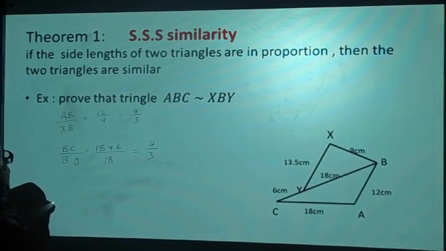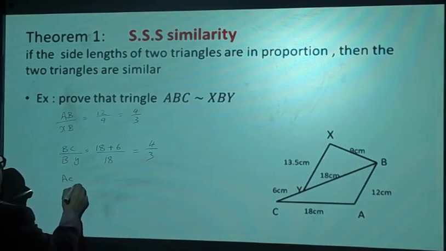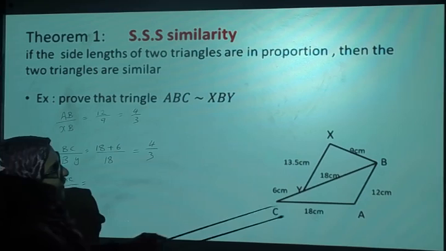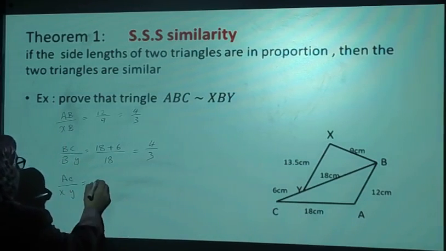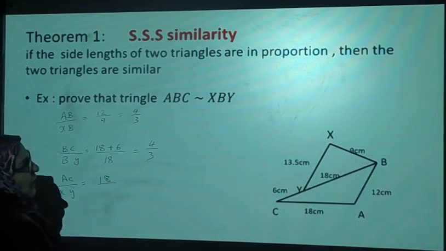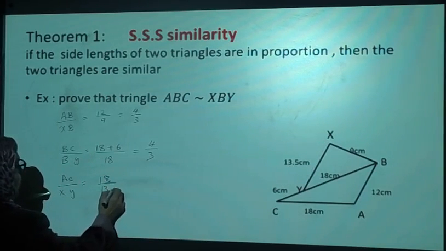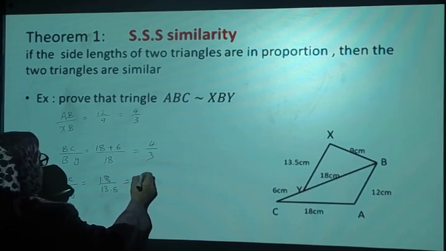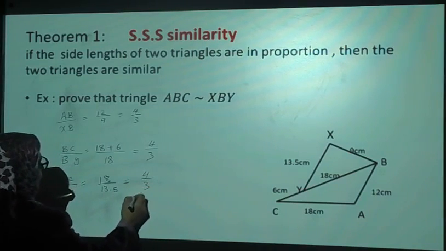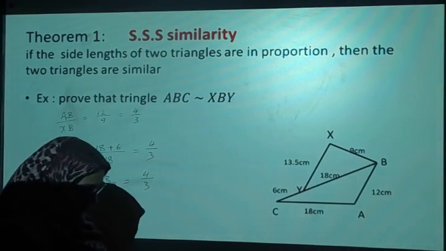What about the third one, which is AC over XY? Let's check it. AC is 18 over XY, which is 13.5, and by using the calculator we are going to have the same ratio.